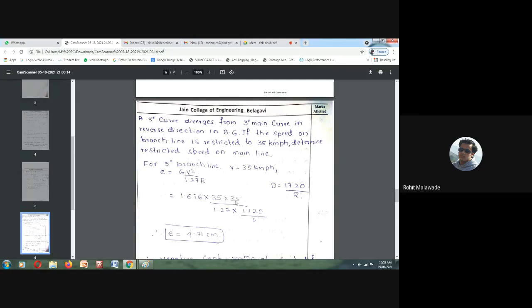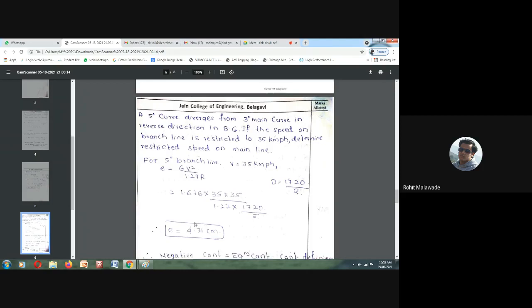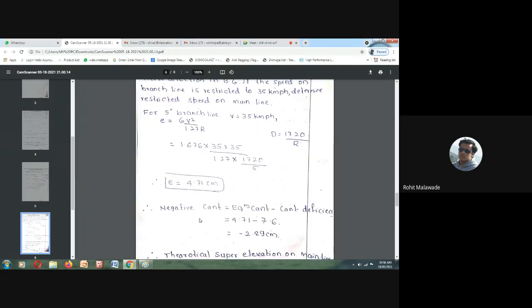So 35 multiplied by 35 divided by 1.27 R. Now what is the degree of the branch line? The degree of the branch line is 5. So R is equal to 1720 divided by 5. If I simplify it, I will get the answer E is equal to 4.71 centimeter.